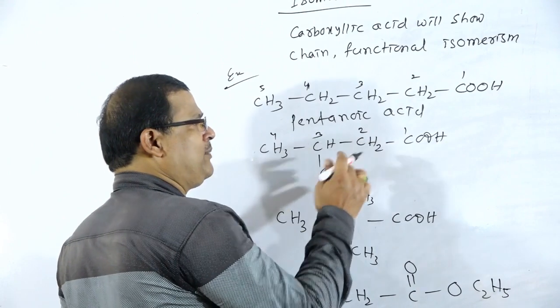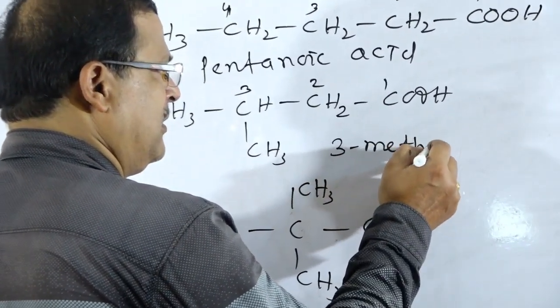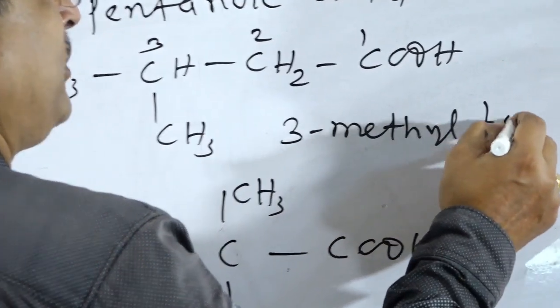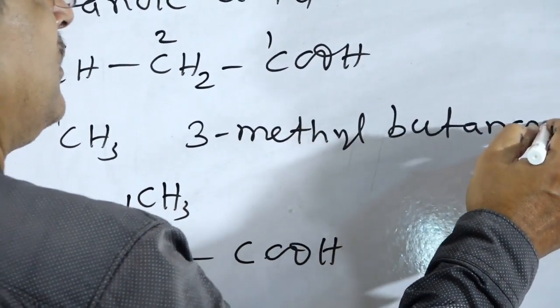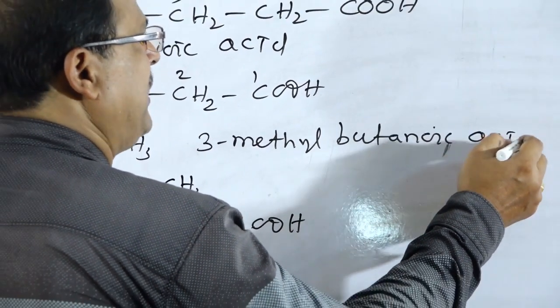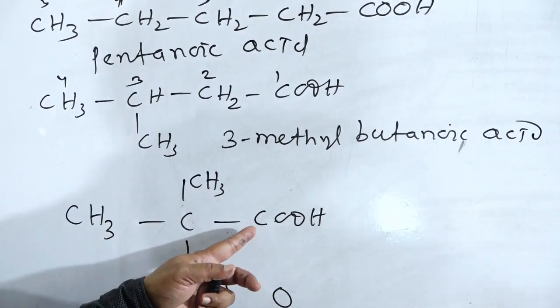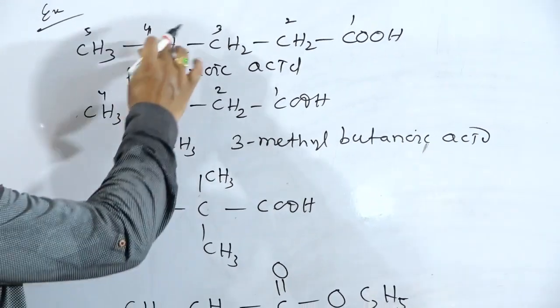So this is a chain of 4 carbon atoms, 3-methylbutanoic acid. This compound also contains the same carbon, oxygen and hydrogen as the previous one.